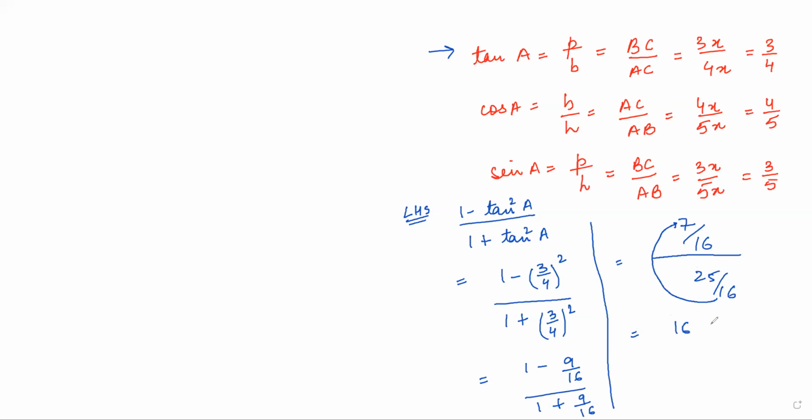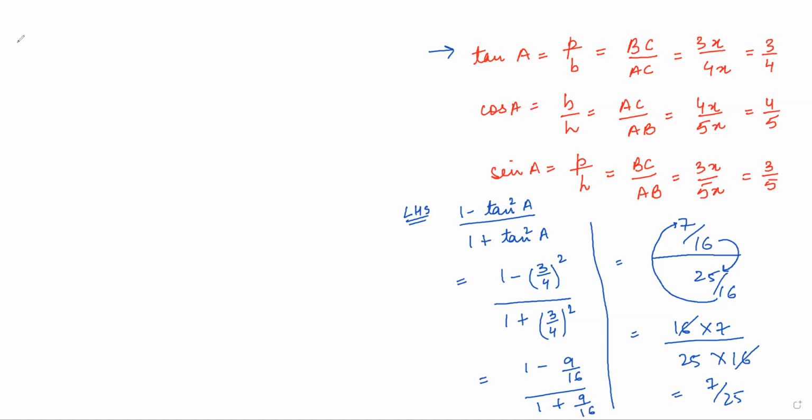So it will be 16 into 7, right? And the inner ones are multiplied together and they come in the denominator. So, 25 into 16, correct? So, basically 16 will get cancelled out and you get 7 by 25 as the left hand side.